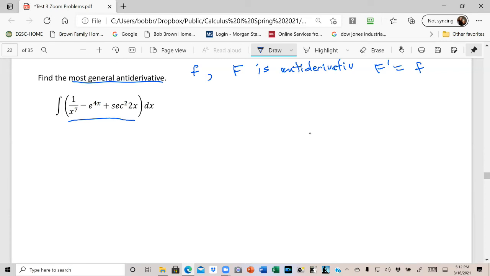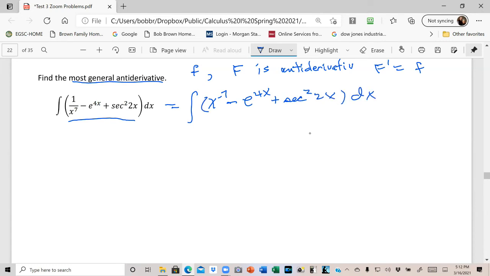Now what I would do is rewrite this as the integral of x to the minus 7 minus e to the 4x plus secant squared of 2x dx.